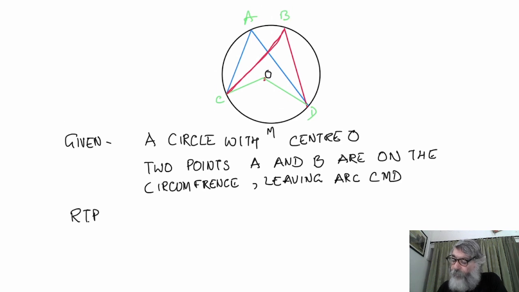Required to prove that angle CAD will be equal to angle CBD.